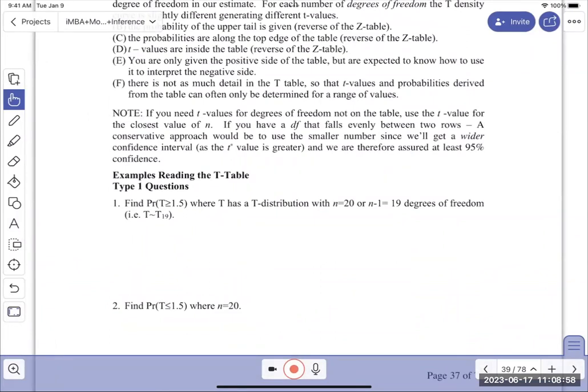I can do a few of those and then solve a problem. So this says find the probability. So these are back to calculating probabilities, but using the t distribution now instead of the standard normal table. Find the probability of the right tail for t greater than 1.5 standard deviations above, right?